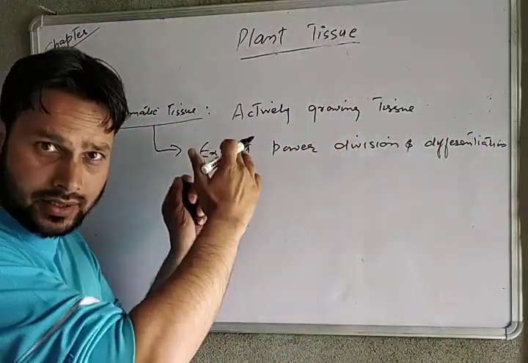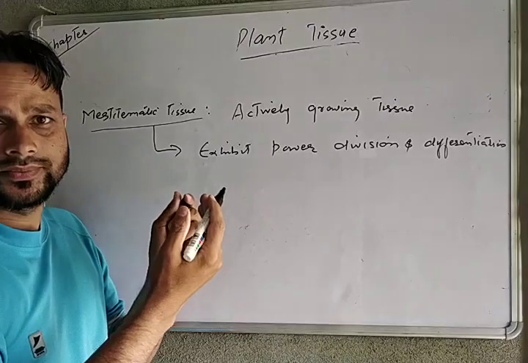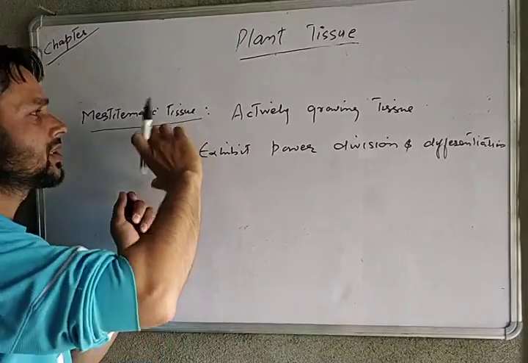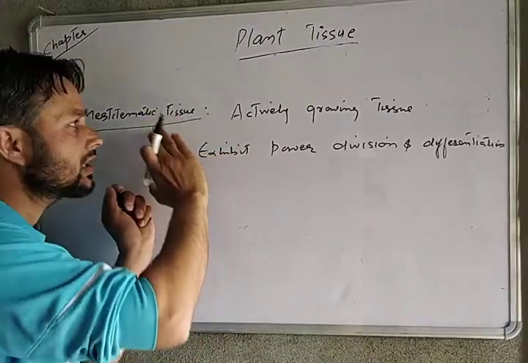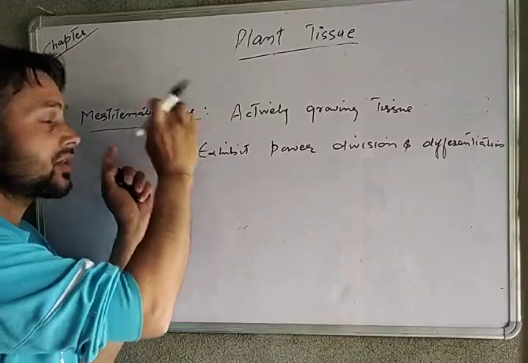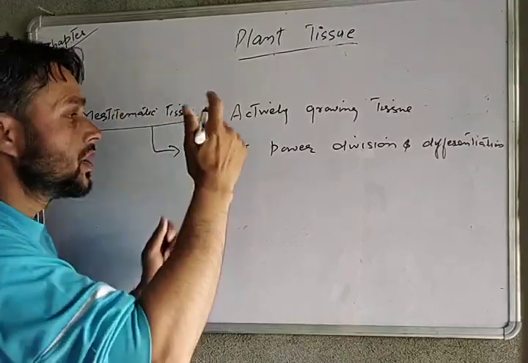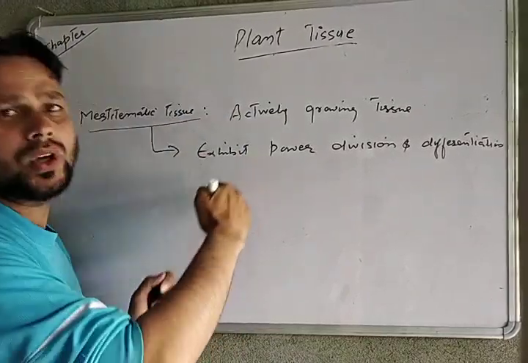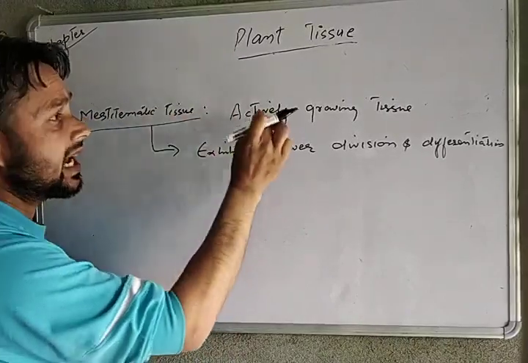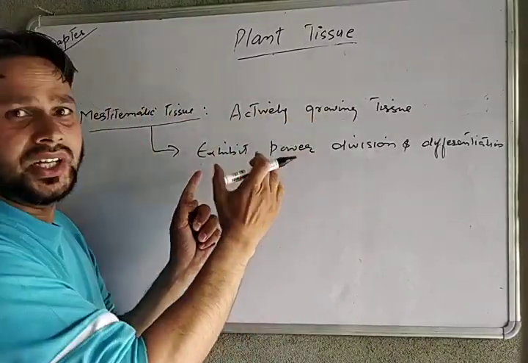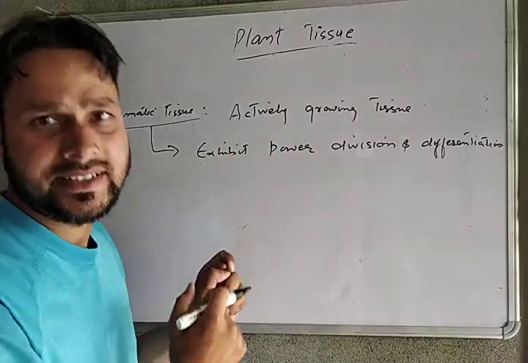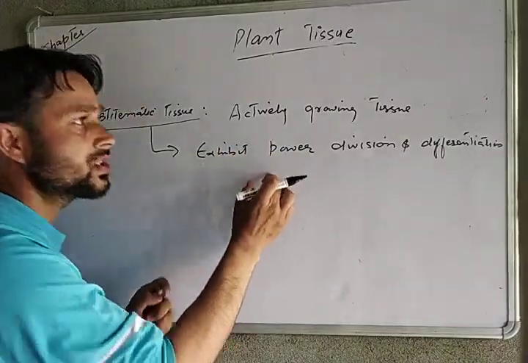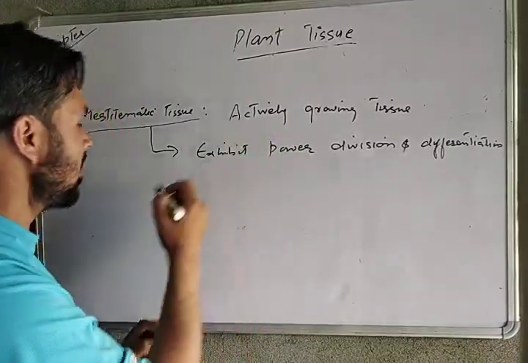So in the embryonic stage, all the cells of this meristematic tissue are actively dividing. When further growth occurs, this actively growing region gets restricted to some portions, which gives rise to meristems.